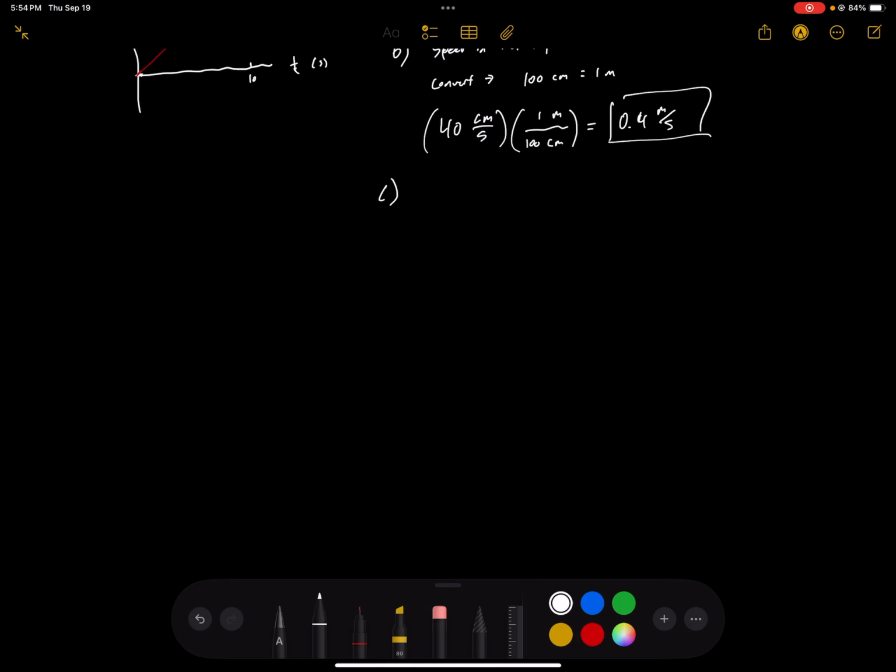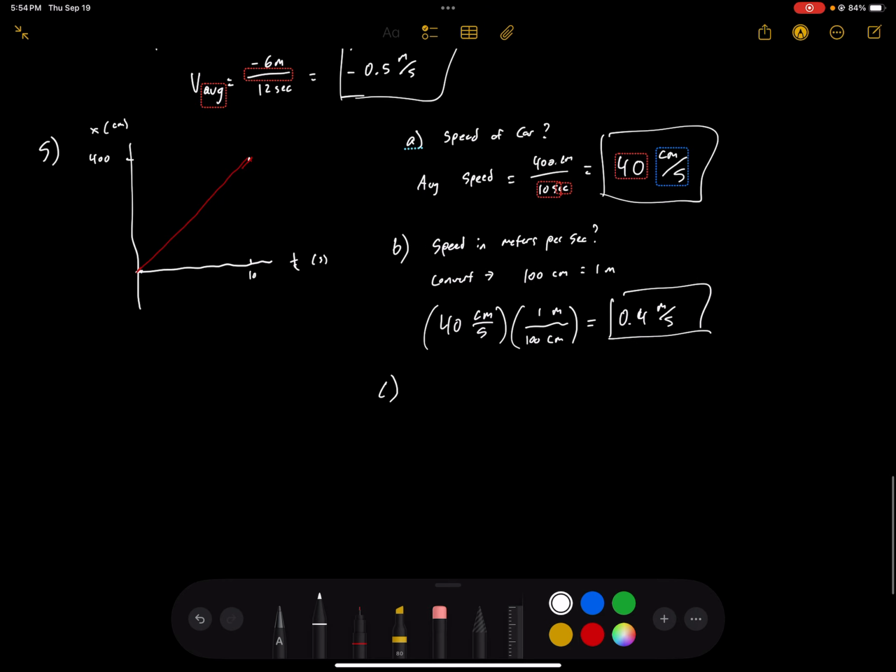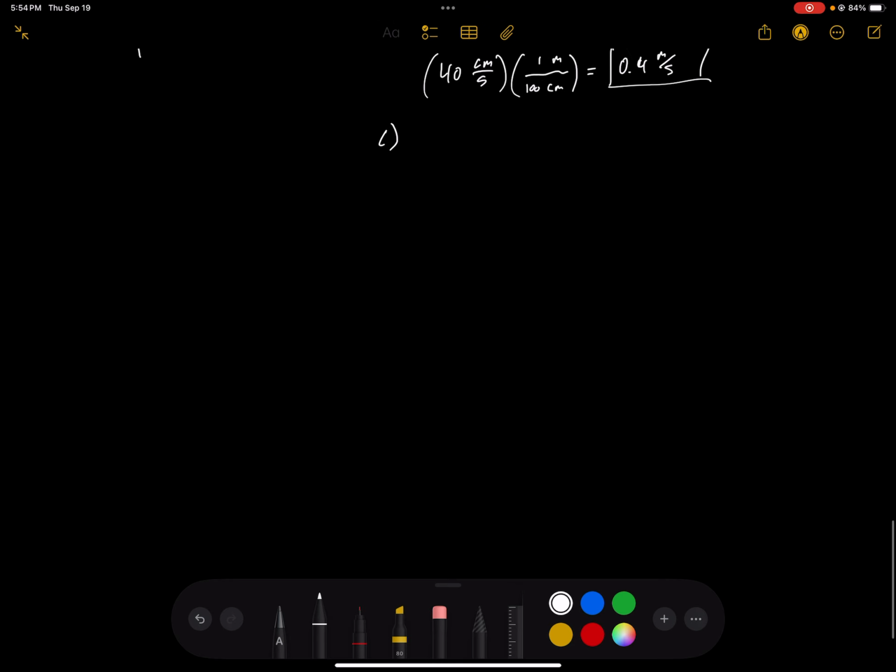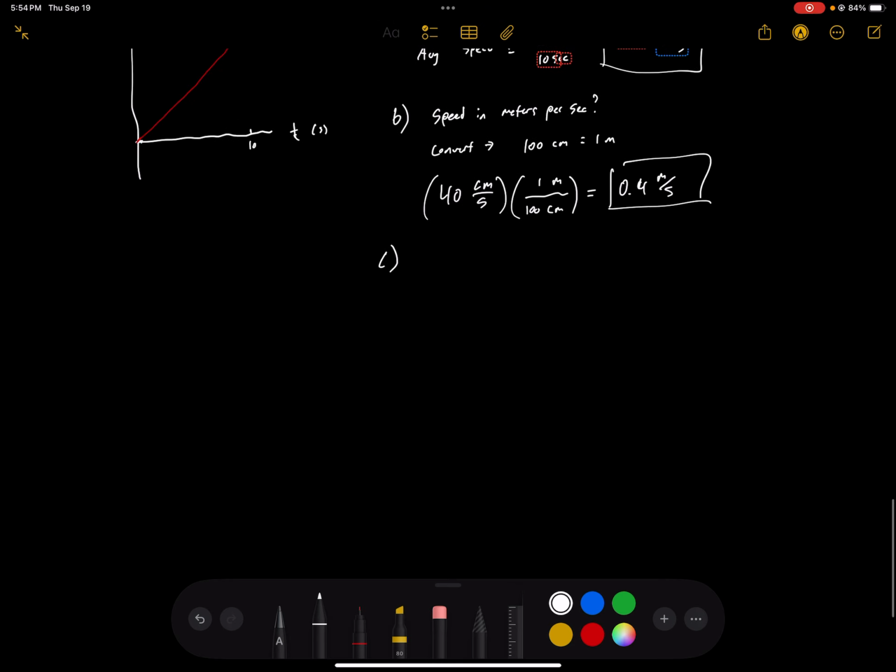For the last one, we have our data from the plot. We measured 400 centimeters over 10 seconds. Let's imagine that we measured velocity with the motion sensor and we got a different value.